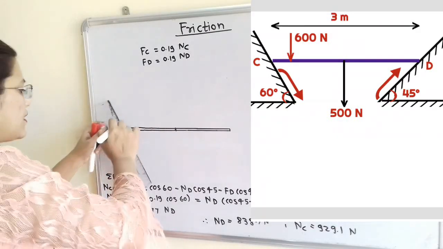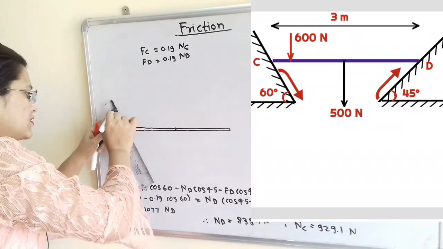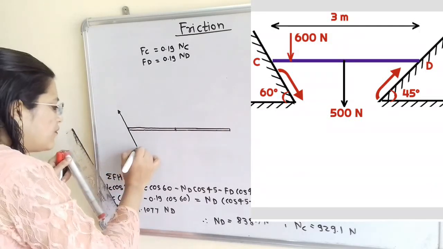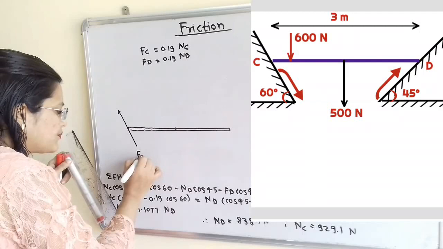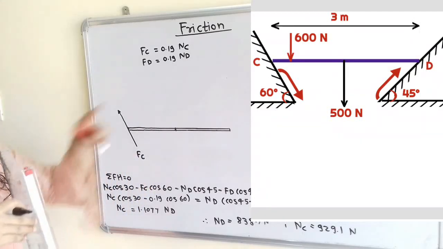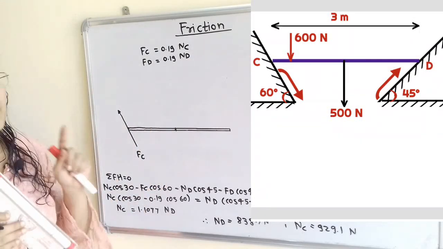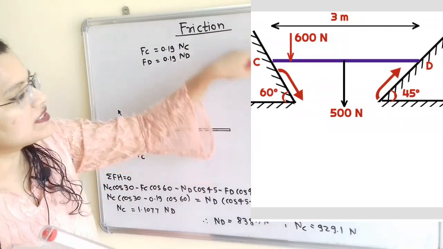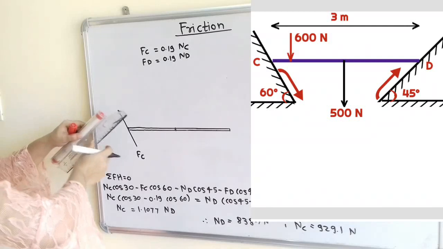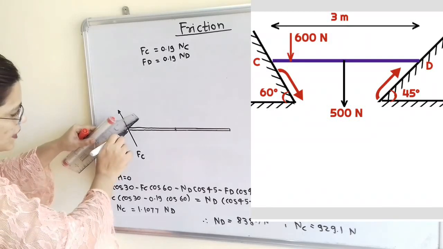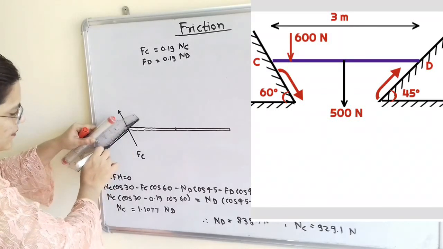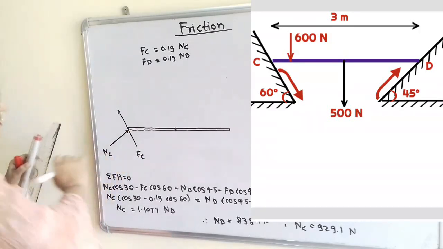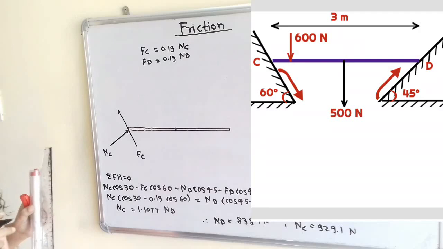This frictional force is known as Fc because it is at C. Now the normal reaction is perpendicular to the inclined surface, so we draw a perpendicular line, and this is known as NC, the normal reaction.